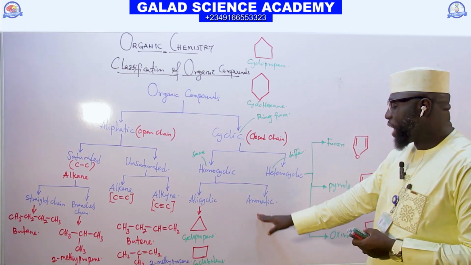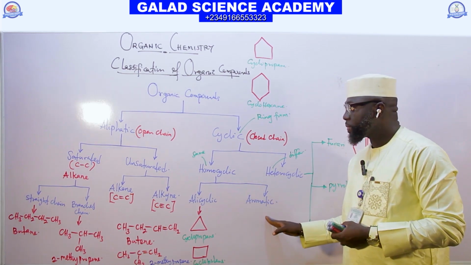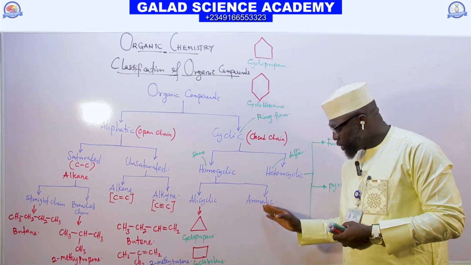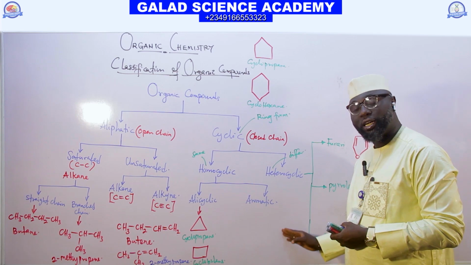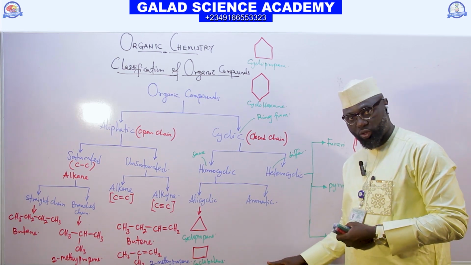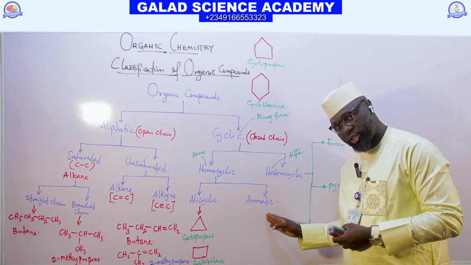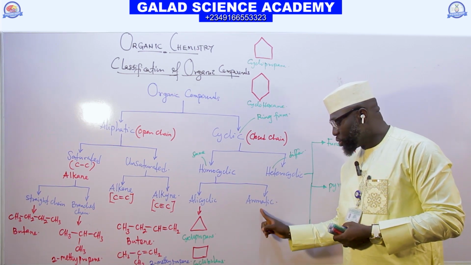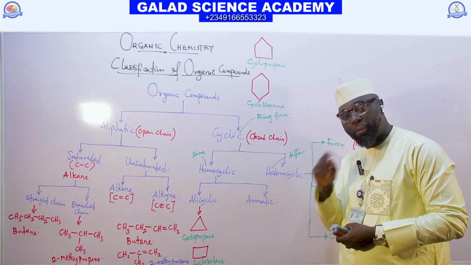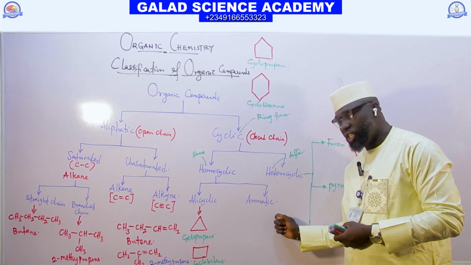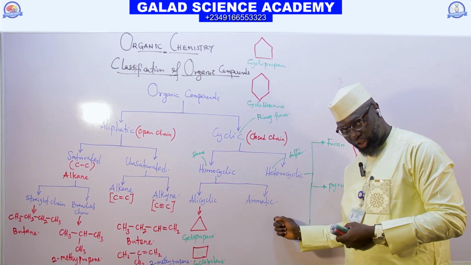But in the case of aromatic organic compounds, this one also contains carbon-carbon throughout in a closed chain or ring chain. The aromatic hydrocarbon contains carbon-carbon throughout in a closed chain or ring chain.